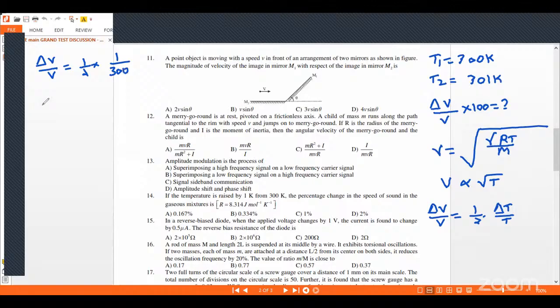So delta V by V into 100 equals 1 by 6 percent, which is 0.167 percent. Right? Fine.